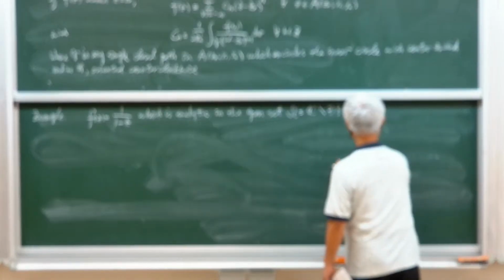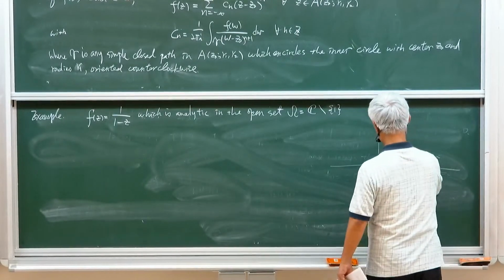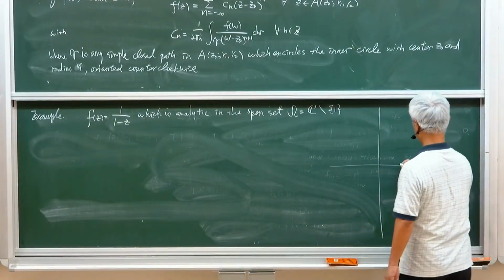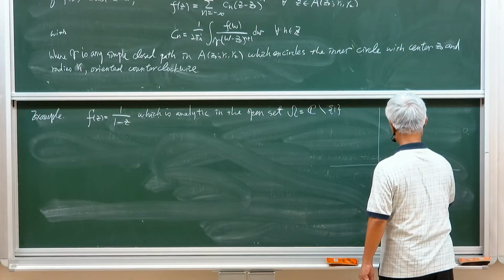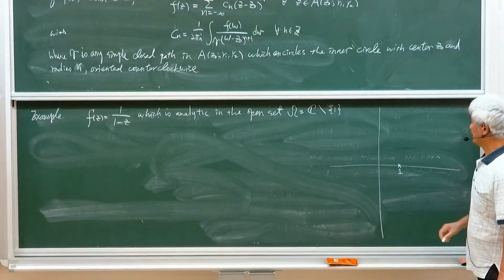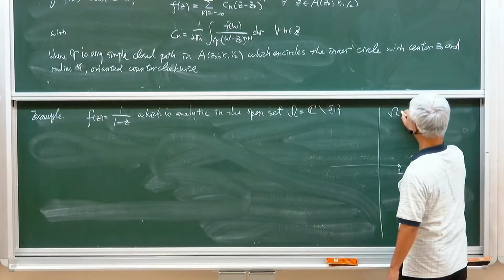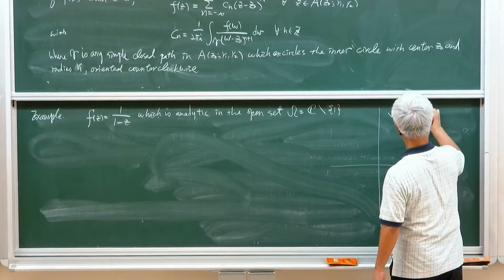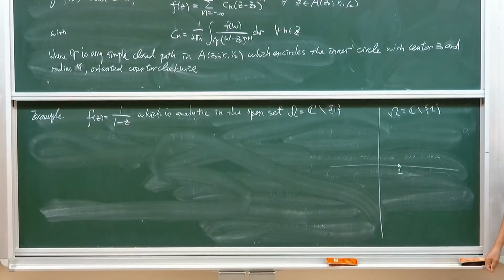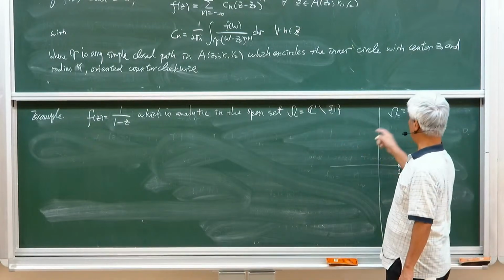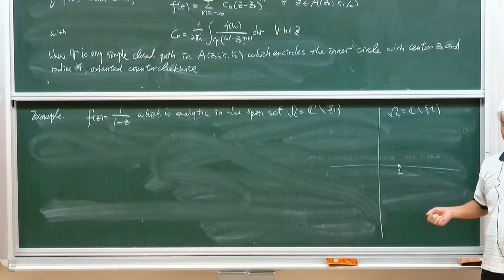So there's only one singularity here, this point, 1. So omega is C minus 1, right? So this function is analytic in this open set.